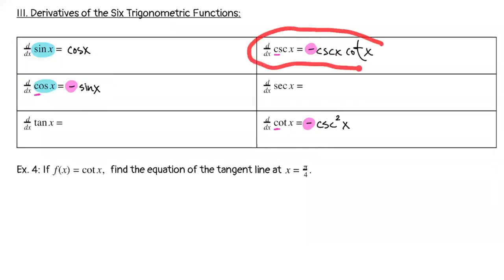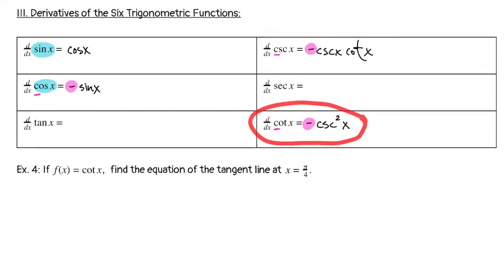Derivative of cosecant is negative cosecant cotangent. Derivative of cotangent is negative cosecant squared. Okay, so that could be one trick that you use to help you remember which ones are positive and which ones are negative.